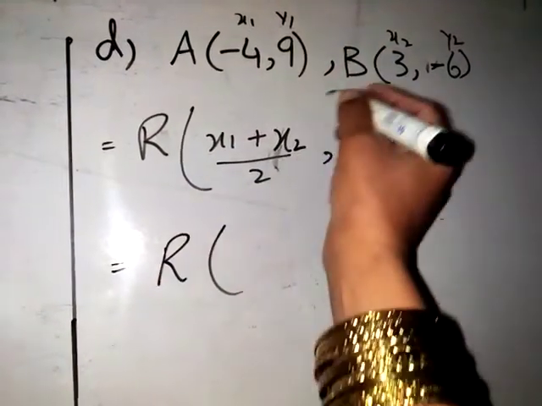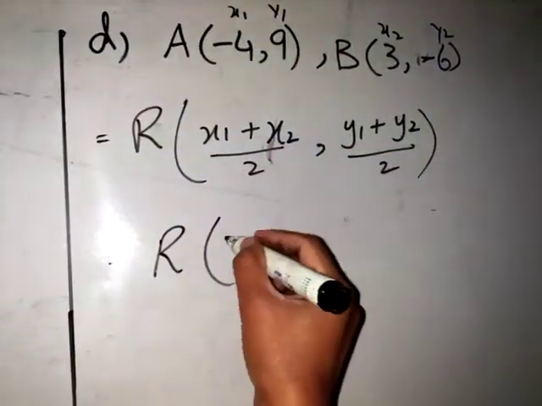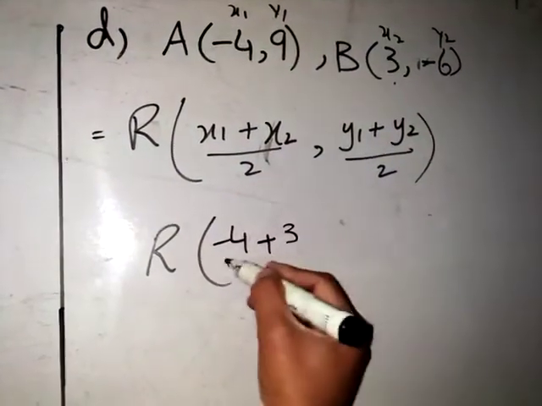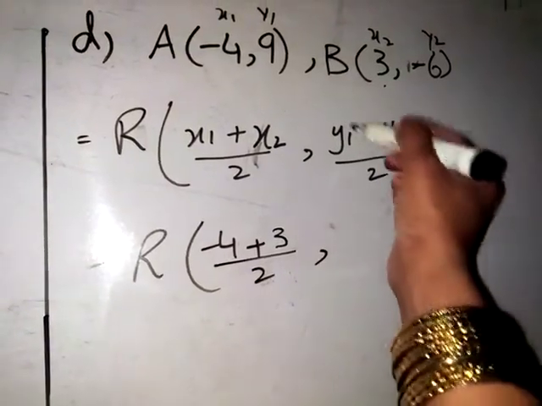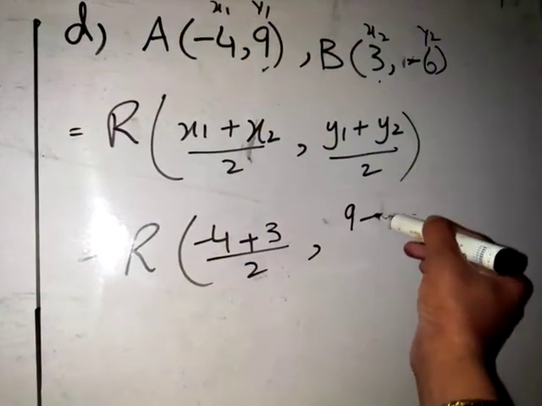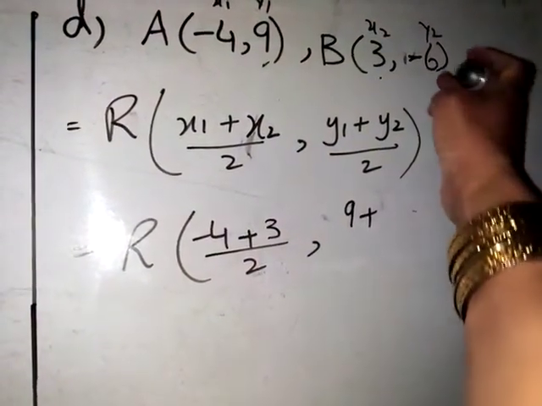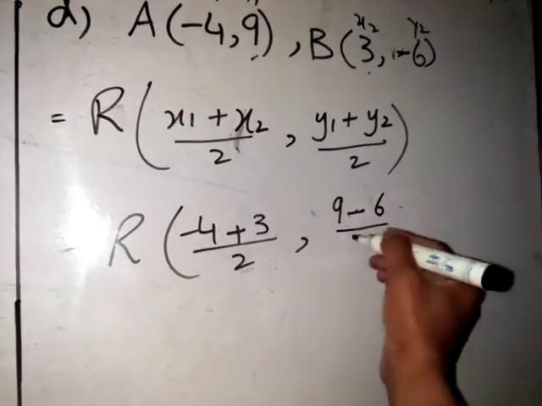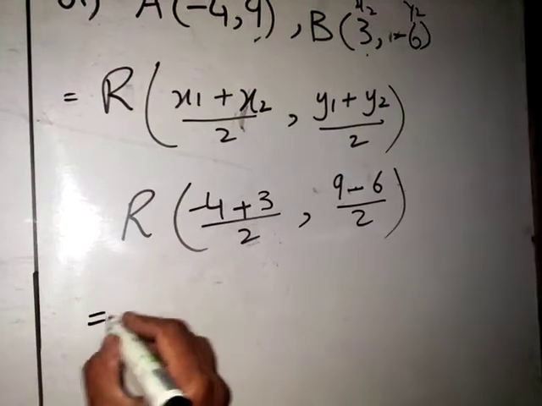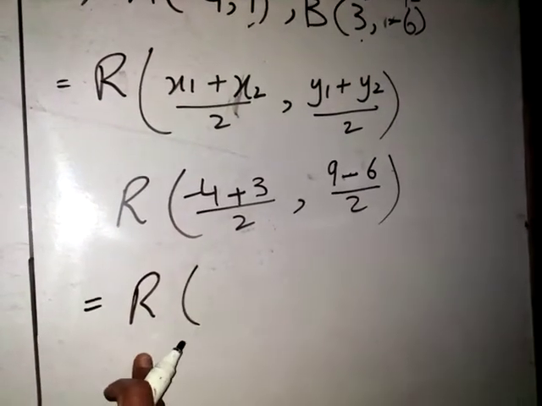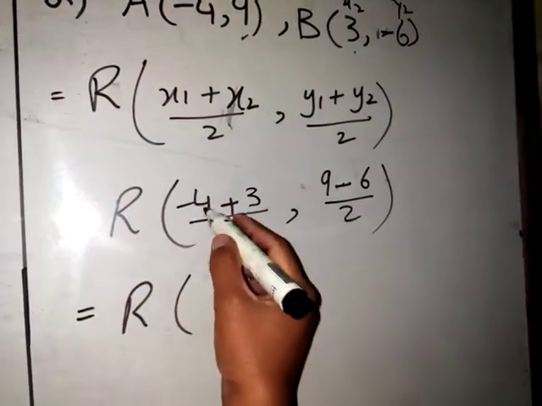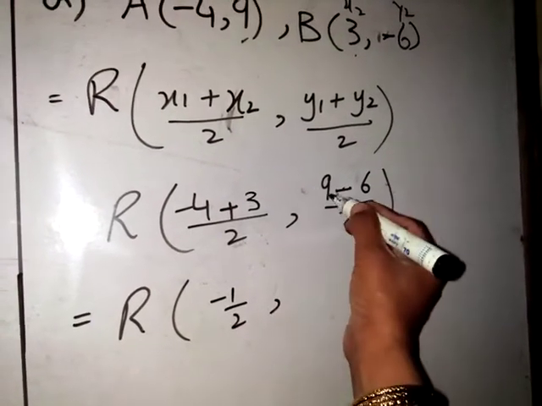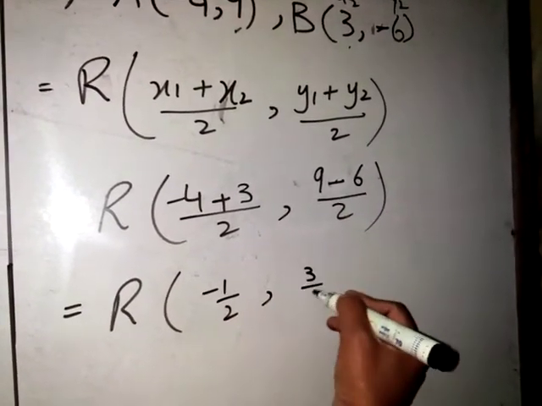for understanding the question easily. x1 is -4 plus x2 is 3 divided by 2. y1 is 9 plus y2 is -6, so 9 minus 6 divided by 2. And R, the midpoint of AB, will be (-4 + 3) = -1 by 2, and (9 - 6) = 3 by 2.